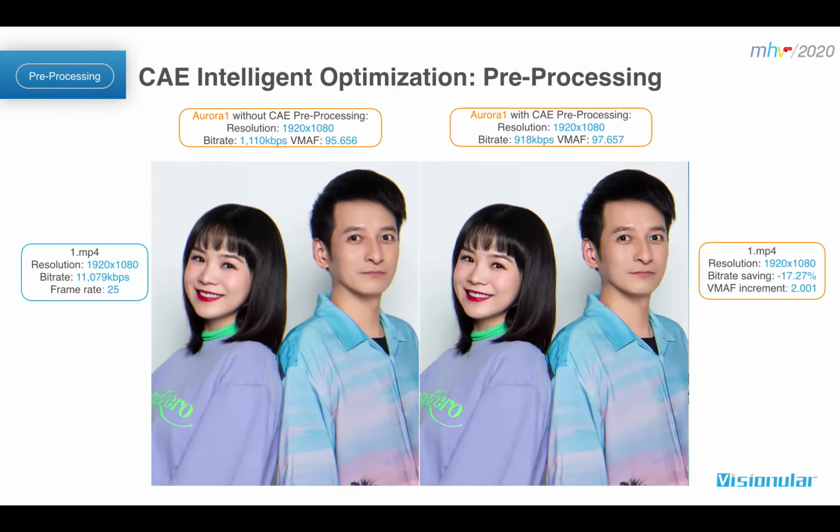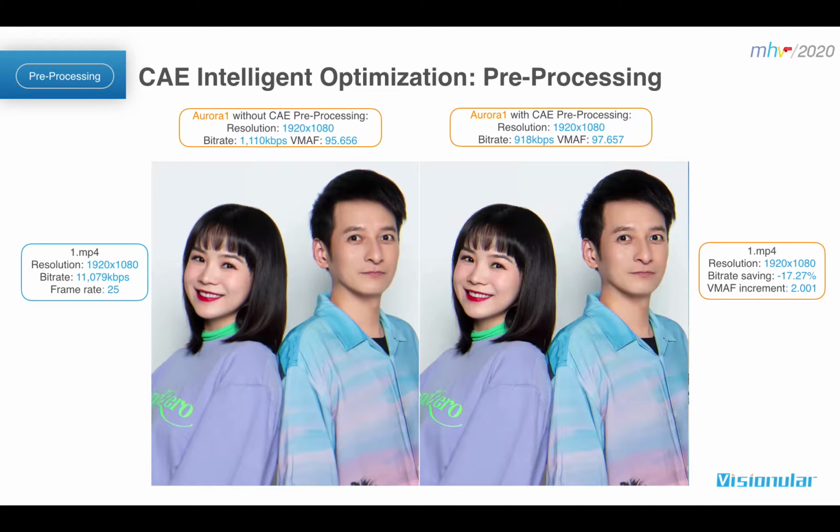So next, we give a couple of examples. The left image is one of the frames of the video content that has been encoded using Aurora 1 without the use of CE preprocessing. This video is 1080p, and we present the bitrate and also VMAF scores.